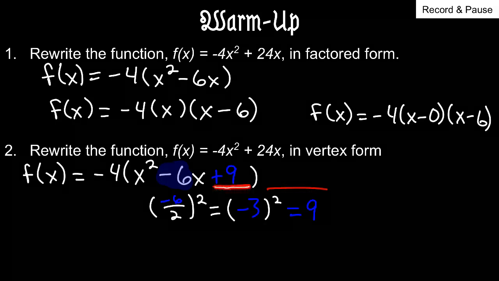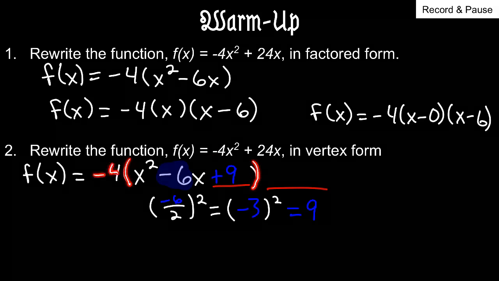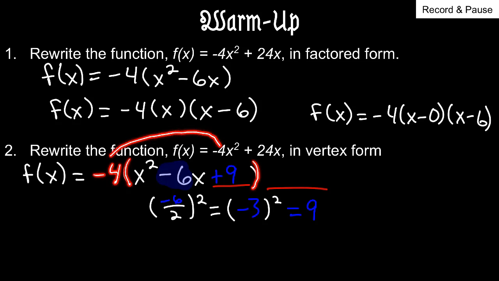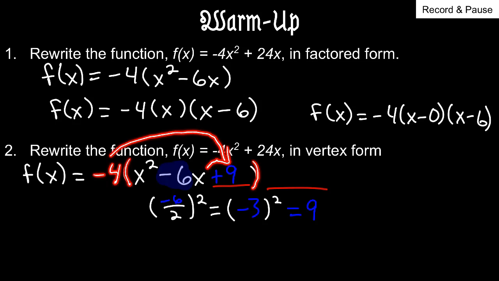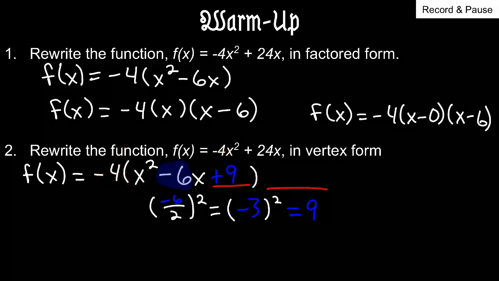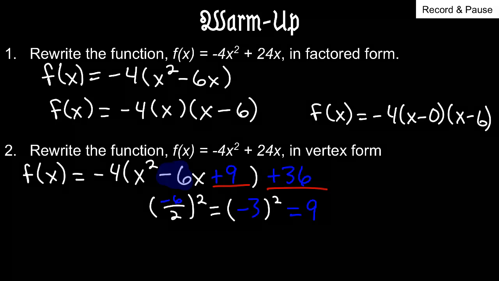So when we added this 9, because it's inside these parentheses, and we're multiplying this -4 by everything inside the parentheses, what we really did was we subtracted 36 when we wrote +9 in there. So to balance the equation, we have to add 36. Good that time? Anyone else? Thanks.